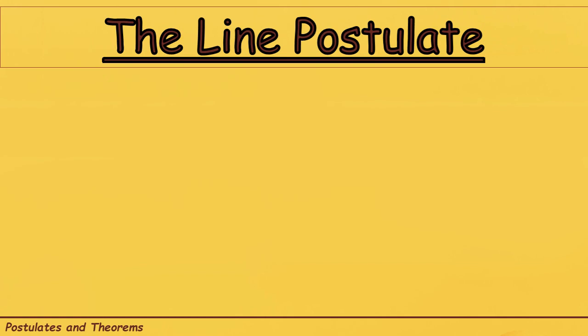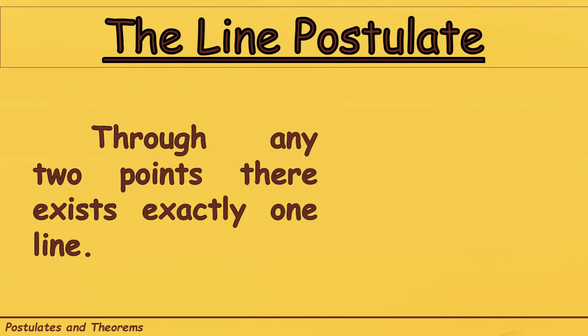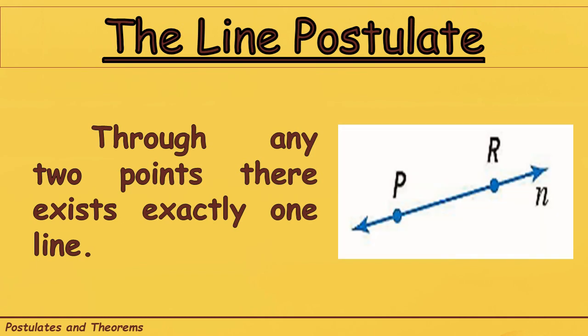The first postulate is known as the line postulate or postulate 1. Through any 2 points, there exists exactly one line. Let's take a look at this given figure. Sabi dito sa line postulate, ang dalawang points daw ay nag-exist sa exactly one line.